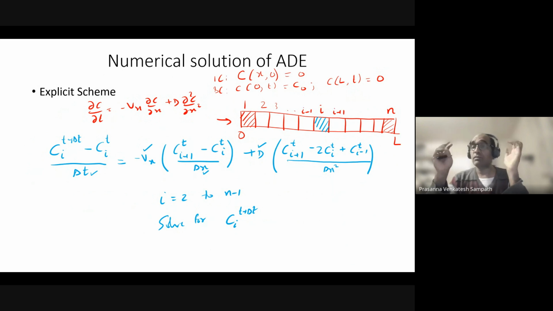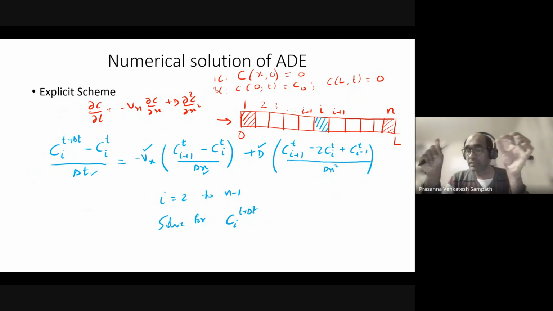Remember, we are dividing up the domain, which goes from x equal to 0 to x equal to L, into n boxes of equal delta x. So each of these boxes has the same grid spacing delta x. At x equal to 0 and at x equal to infinity, the boundary condition is already defined, so we already know the answer.